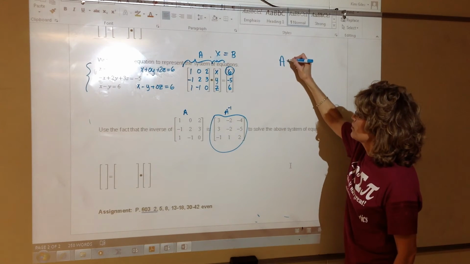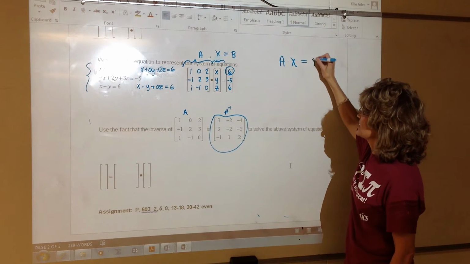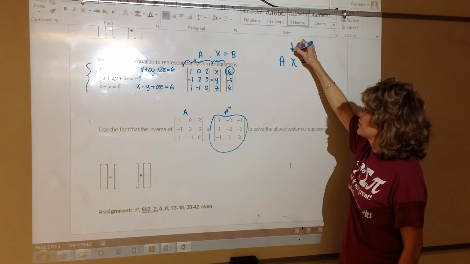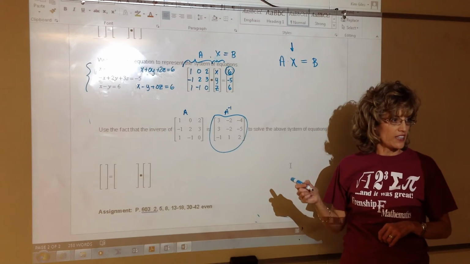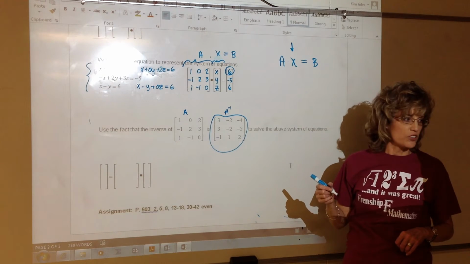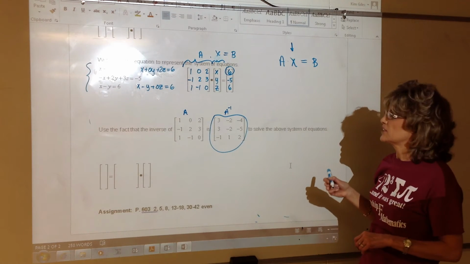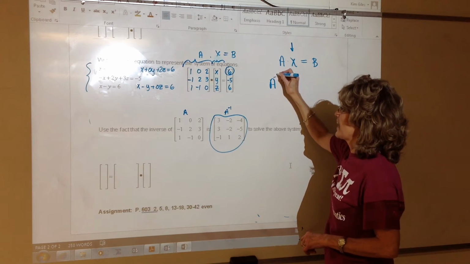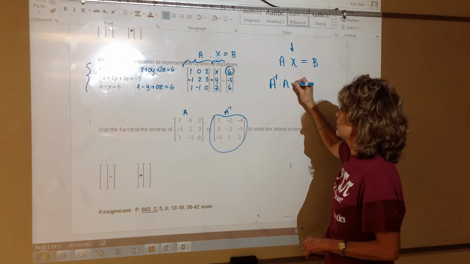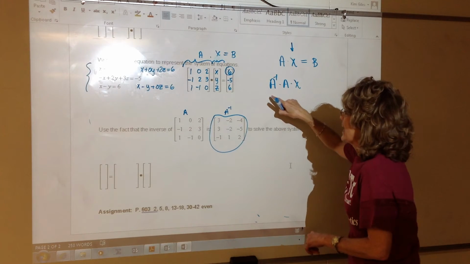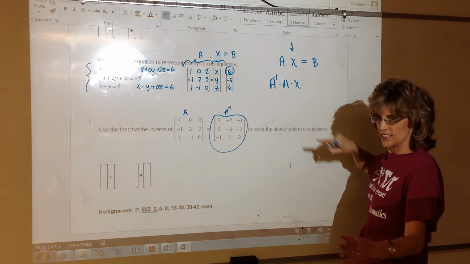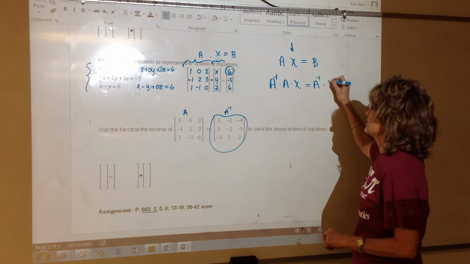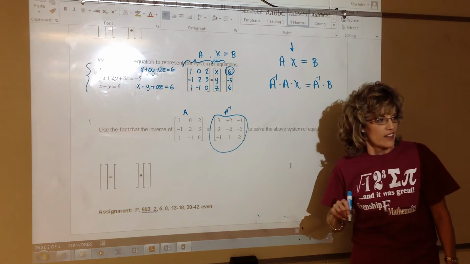If I ask you to solve a matrix equation, A times X equals B, usually for an equation like this, if I said solve for X, you'd tell me divide both sides by A. But since A represents a matrix, we don't divide by a matrix. So we have to go to plan B. Plan B is to know that if I multiply A inverse, and we need it on the left, A inverse times A times X, and if I do the same thing to both sides, then I'll do A inverse on the left times B.